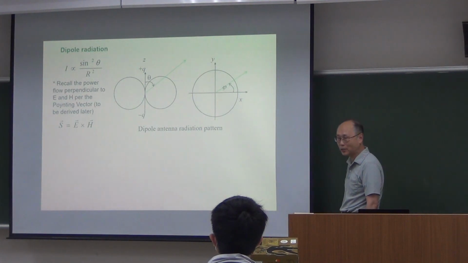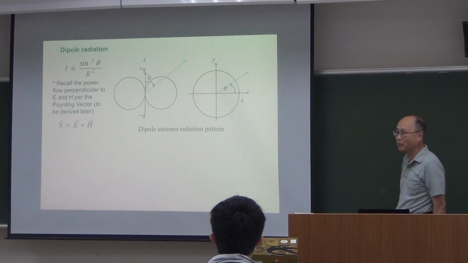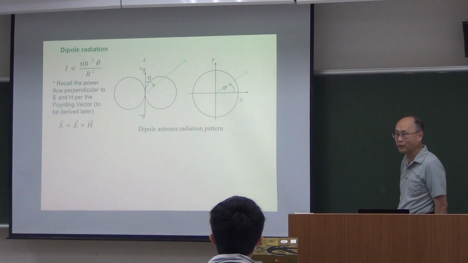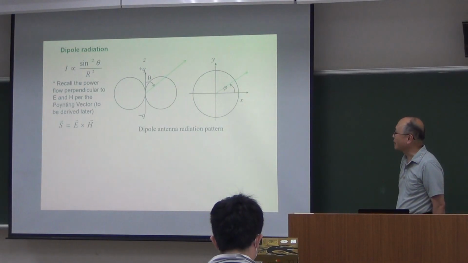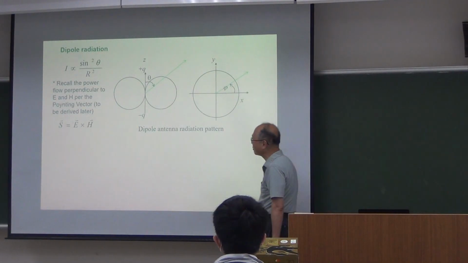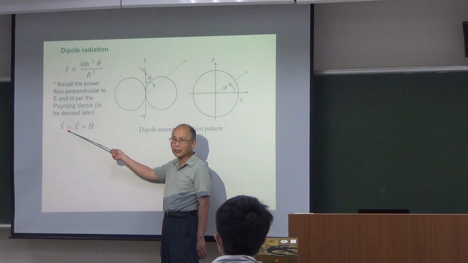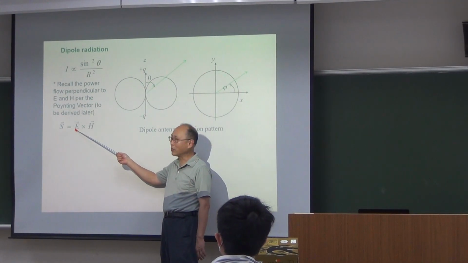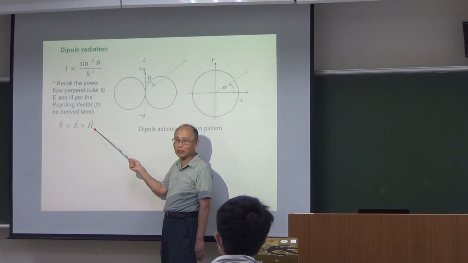We haven't talked about this yet, but I'm sure that you learned about this from the electromagnetic wave class. It tells you that the power flow of an electromagnetic wave is along the cross direction of electric field and magnetic field.